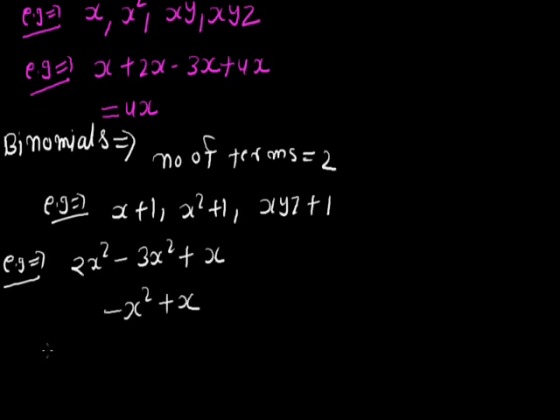Okay, now we come to our third classification, which is trinomials. Now how can we classify trinomials? First of all we write trinomials. Okay, so what is the meaning of trinomials?